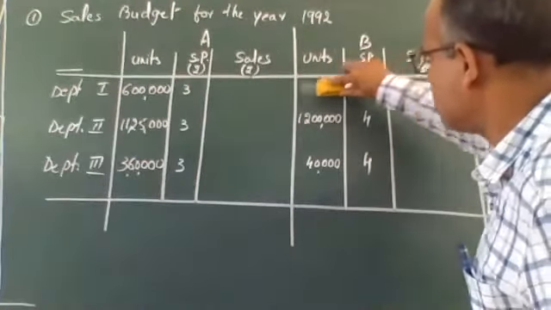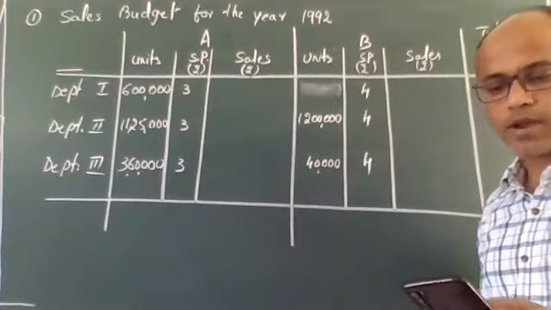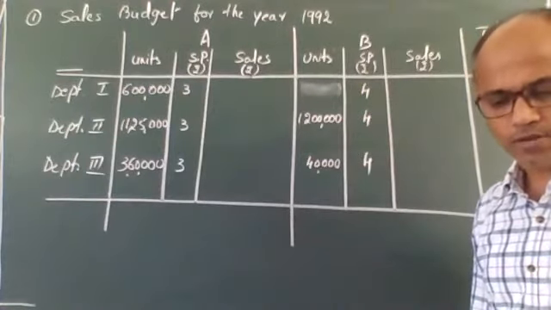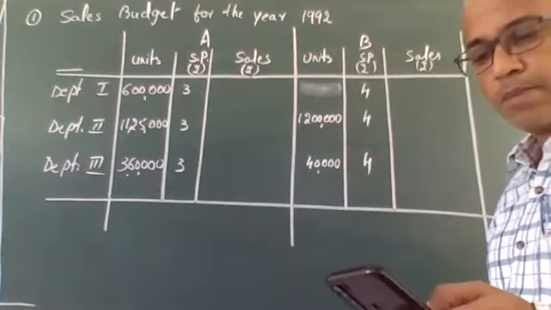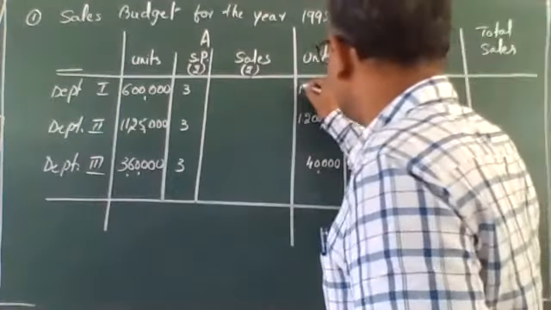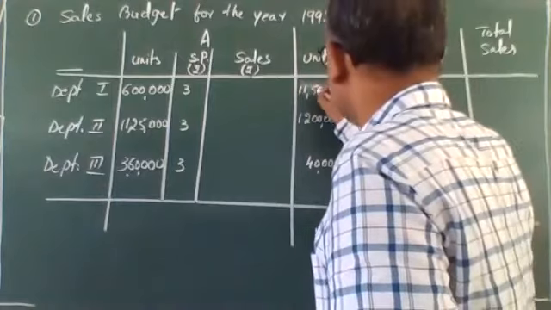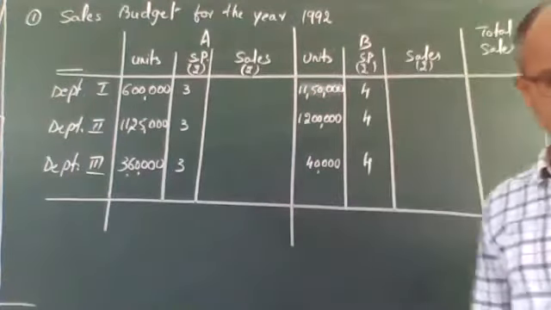It should be 8 lakh plus 3,50,000, right? The increase of 3,50,000 is in department 1 of brand B, so it becomes 11,50,000. Is it okay? That's the first change.